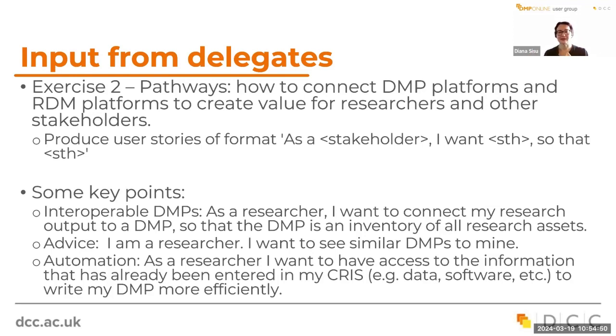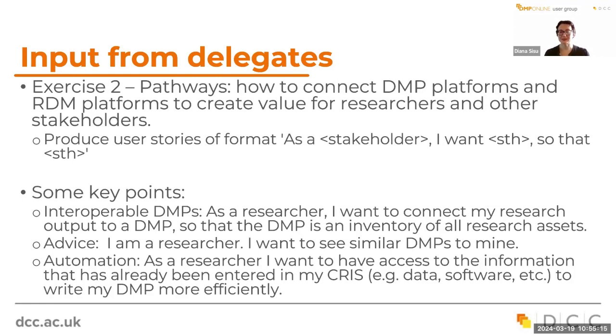I like these a lot because people want to connect their DMP as an inventory of all my research assets. And they thought advice and automation. There are some seemingly very simple requests, but actually, as we all know, they're not that easy to deliver. I'm a researcher. I want to see similar DMPs to mine.